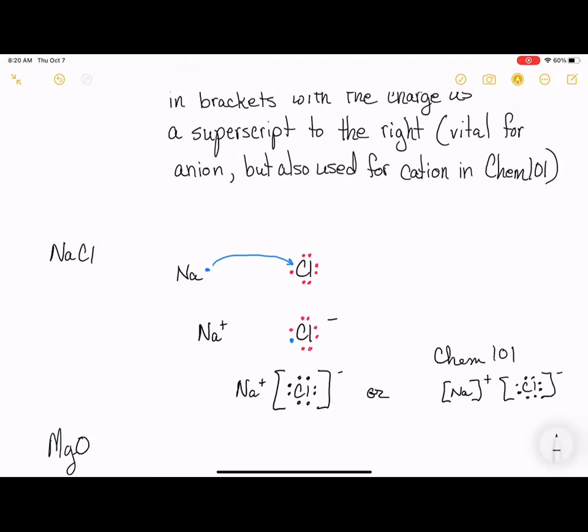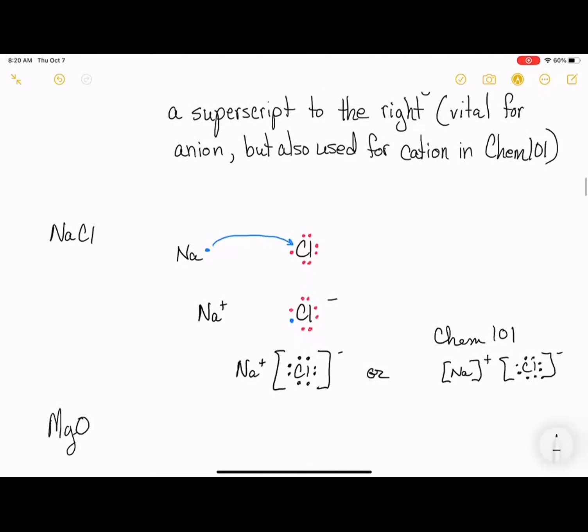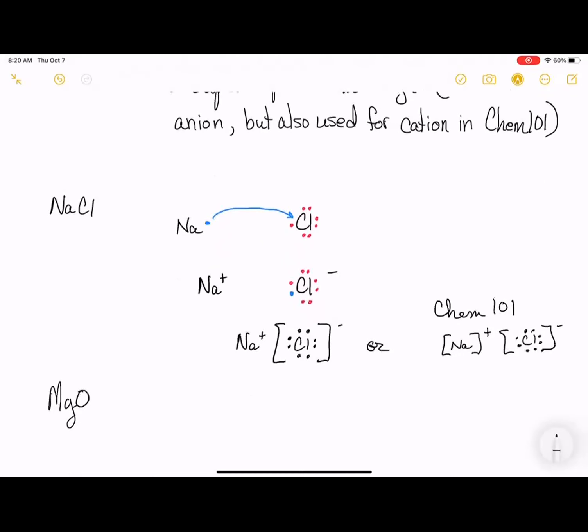Notice that there is no line between the cation and the anion.